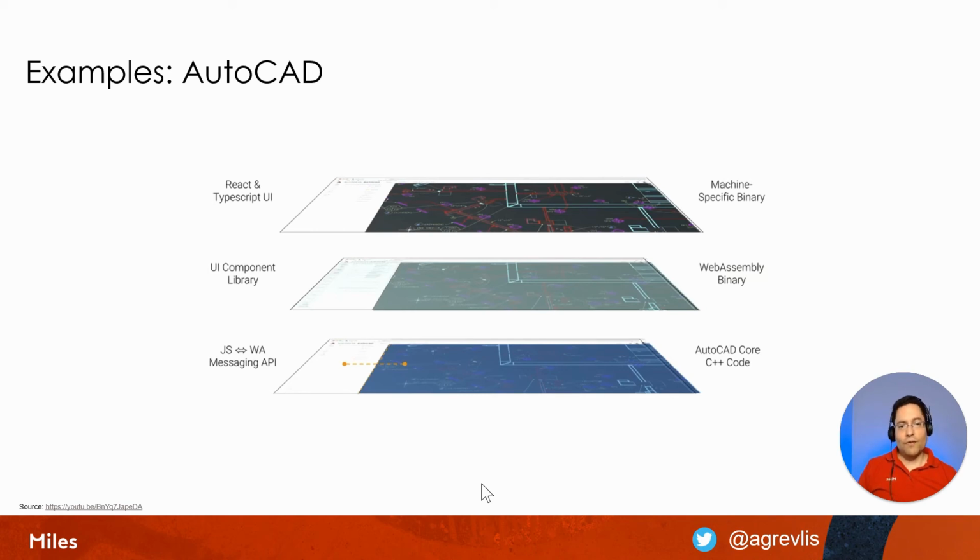I think this is also a good example of separation of concerns. It means that your front-end developers can focus on the front-end development, whereas you can still have your domain experts working on these C++ libraries that they have built in previous years.